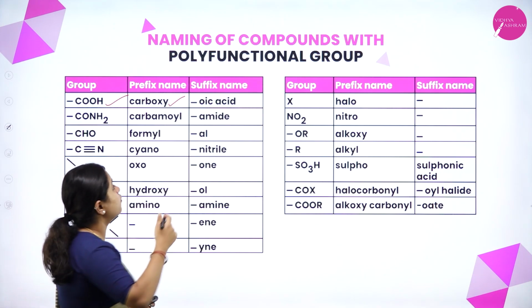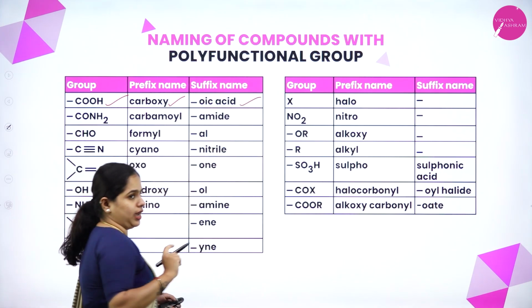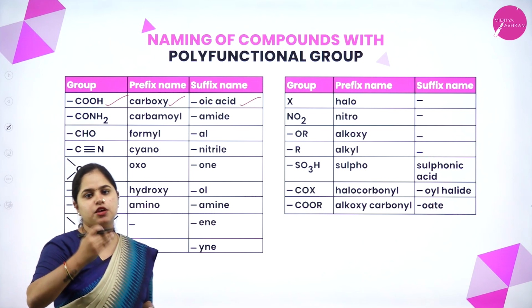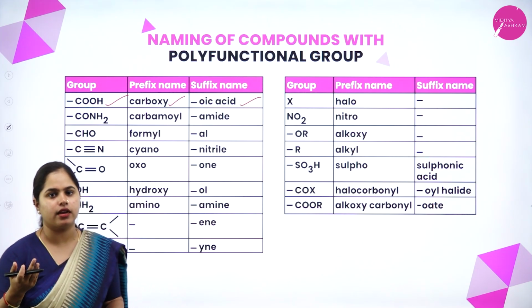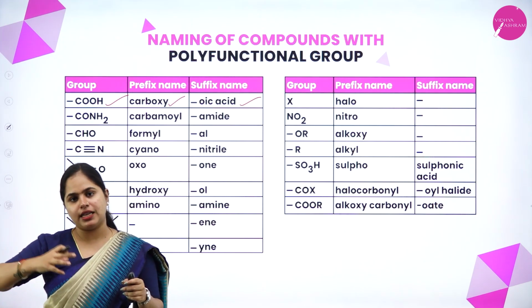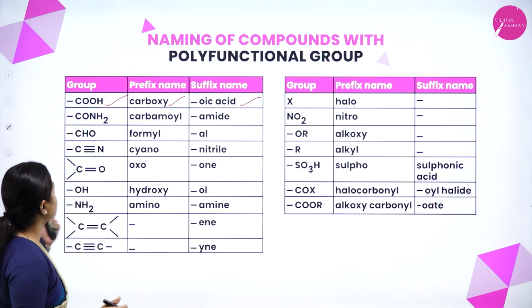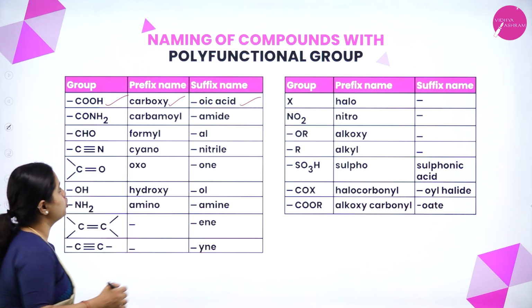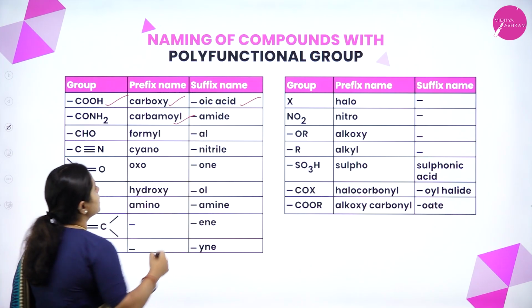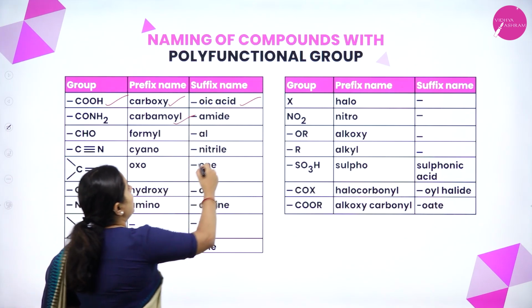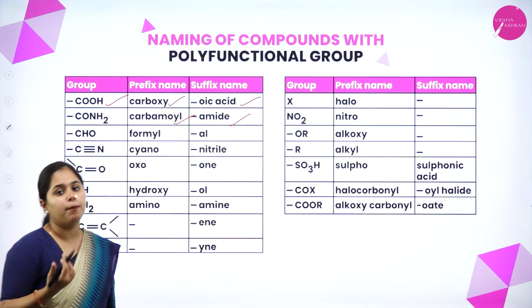And if it is suffix, you end the name with oic acid. Prefix comes in the beginning and suffix comes in the end. That is already clear. Prefix, then you have root word and suffix. Yes. Then the next one is amide, CONH2. If it is a prefix, it is carbamyl, and if it is suffix, it is amide.